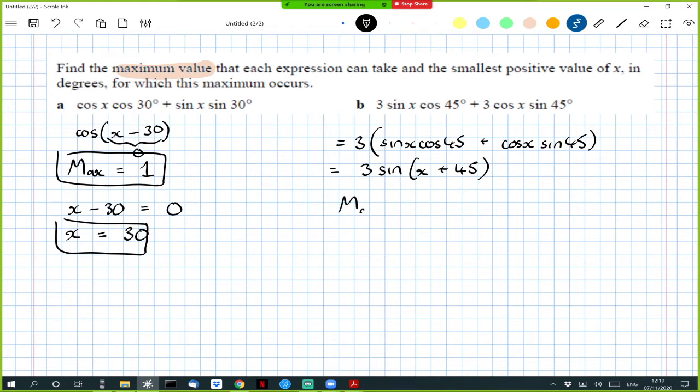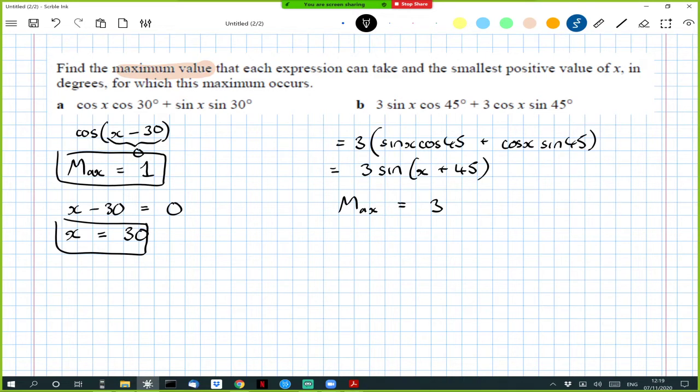So we know that that has a maximum. Well, the sine function normally has maximum 1, but we can see here this 3 has stretched it by scale factor 3 parallel to the y-axis. So the maximum now is 3, not 1. And the smallest positive value of x for which the maximum occurs, well, the maximum of sine happens at 90 degrees or pi over 2.